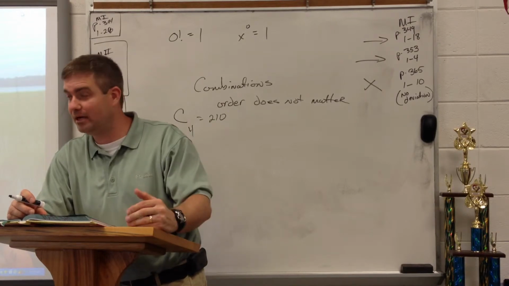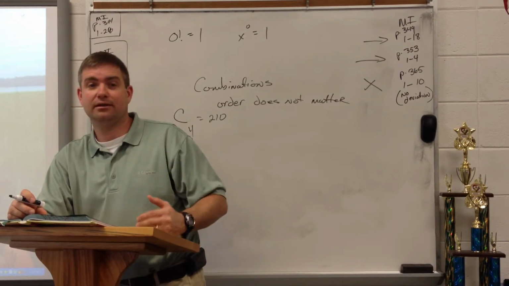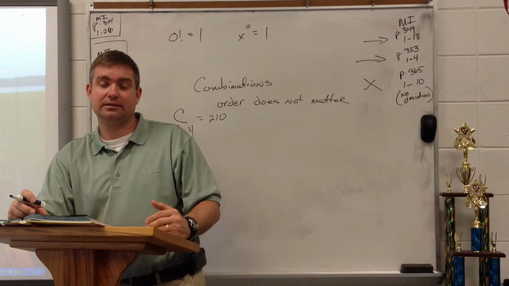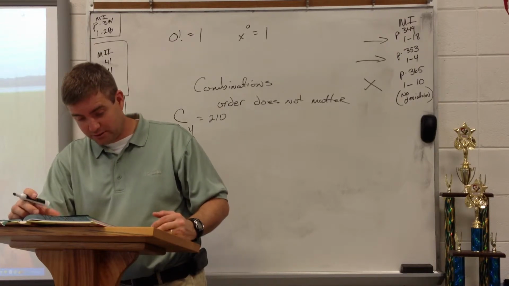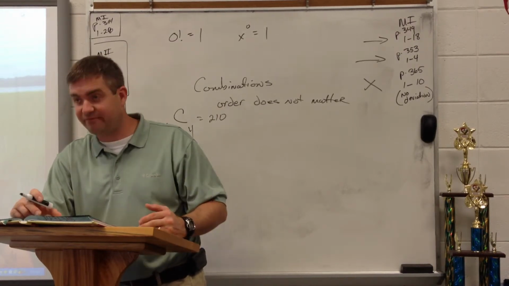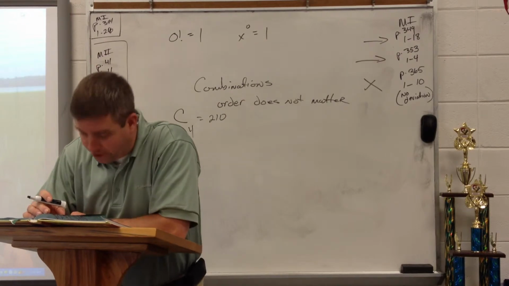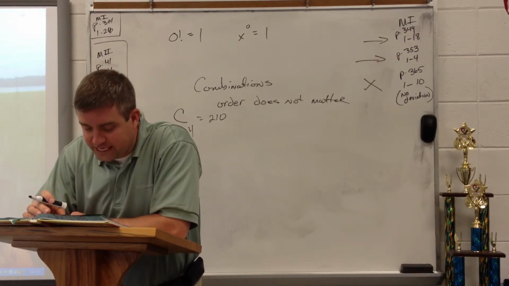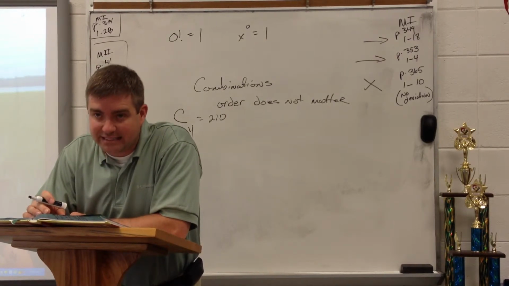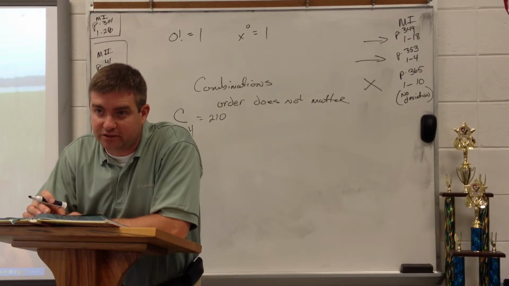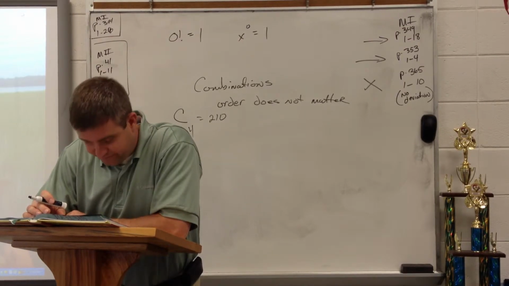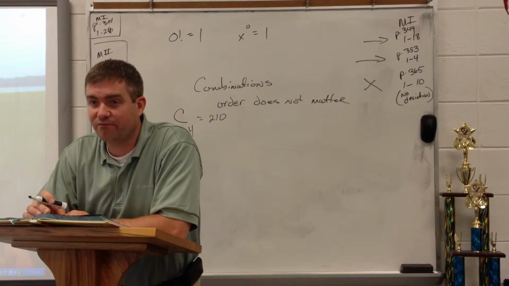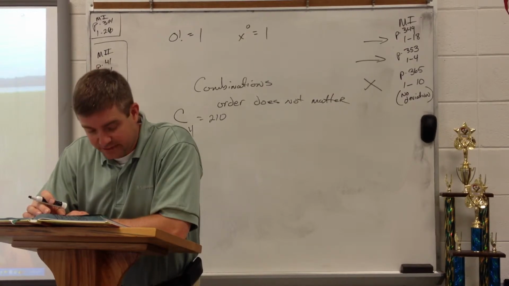Order matters. You've got a drummer, a trumpet, a clarinet, somebody on the tuba. That would be permutations. All right, what would the answer be? 55,440. Very good. That would be 11 choose 5.